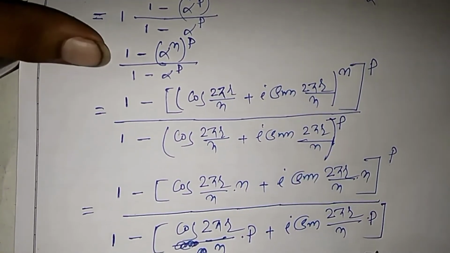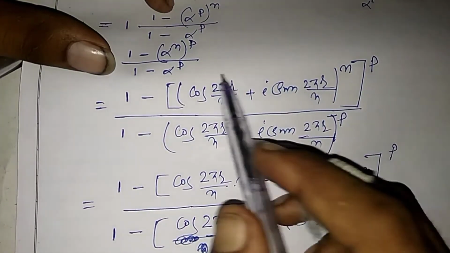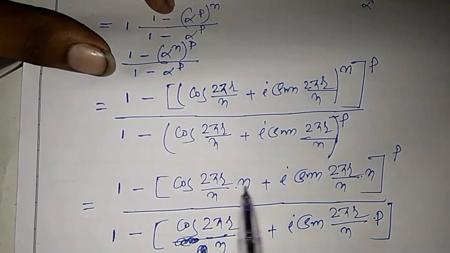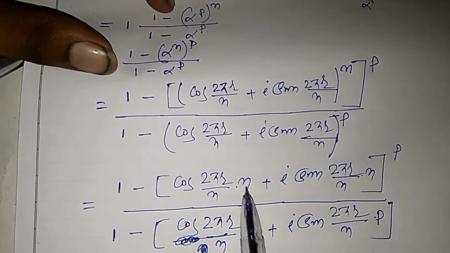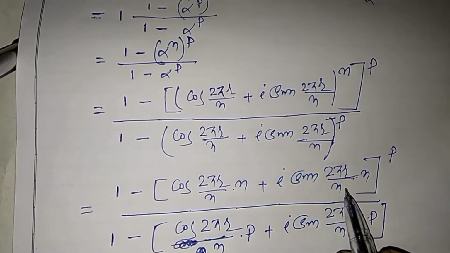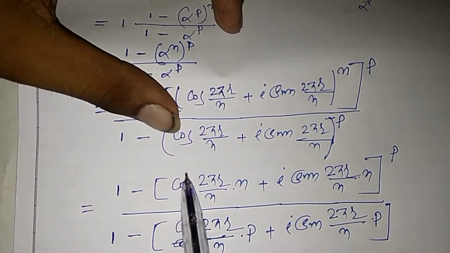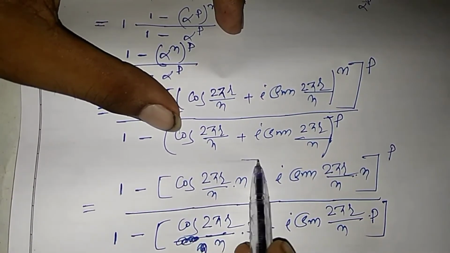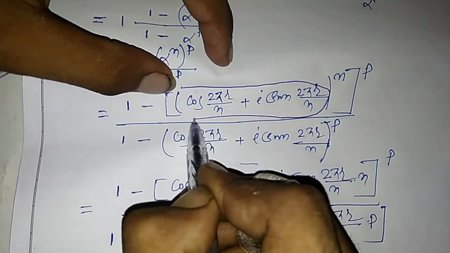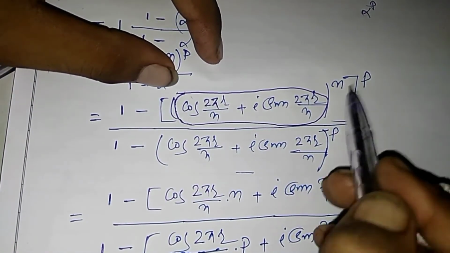Now you are thinking, how is this possible? Here is the power n, and you put n inside. How is this possible? If we have a complex number to the power n, there is a formula.